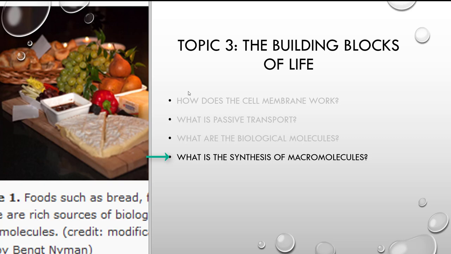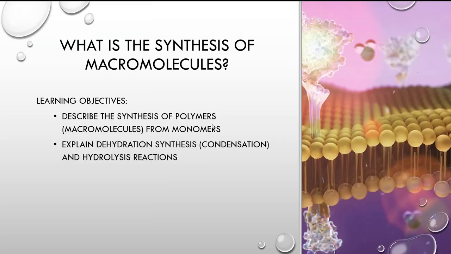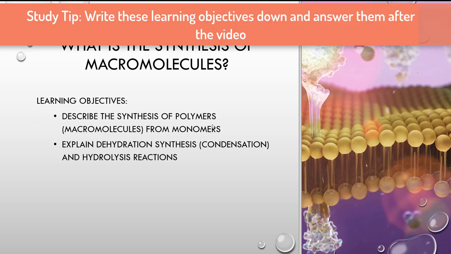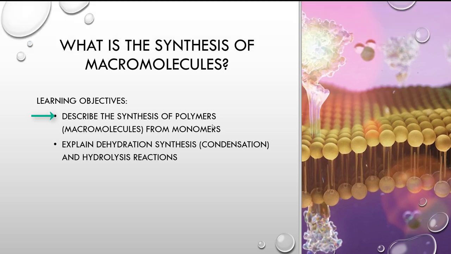I kind of alluded to this in the last video, so we're going to learn more about it in this video. By the end of this video, you're going to be able to describe the synthesis of the polymers from the monomers and explain the process. That's through dehydration synthesis, also known as condensation, and hydrolysis reactions.